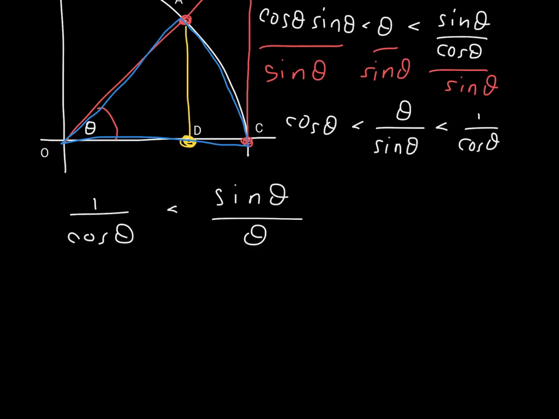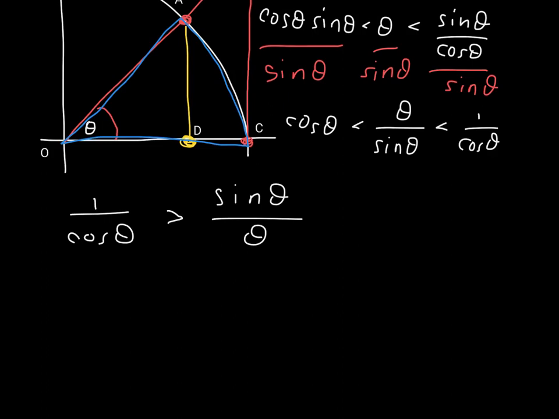There it is. I'm sorry, it reverses the inequality. So this inequality should have been reversed. So let's change that. That's a mistake. Let me see if I can just erase that. There we go. Anyway, because we're reciprocating, these inequalities are now reversed. There, that looks a little better.